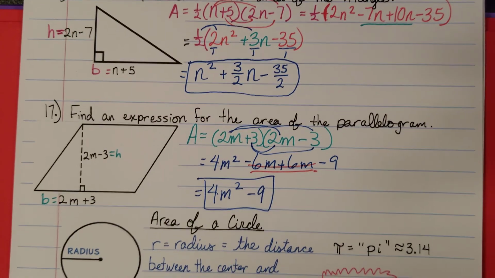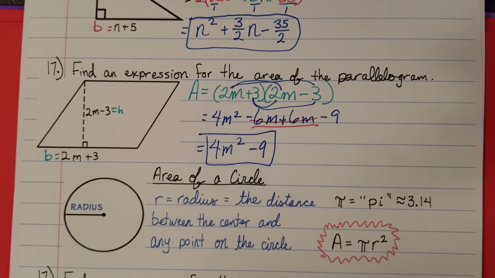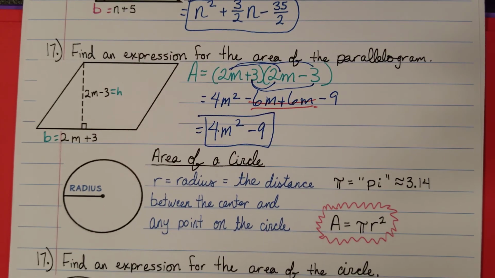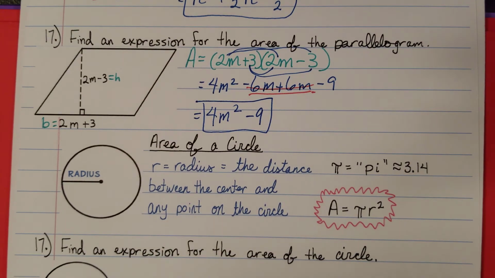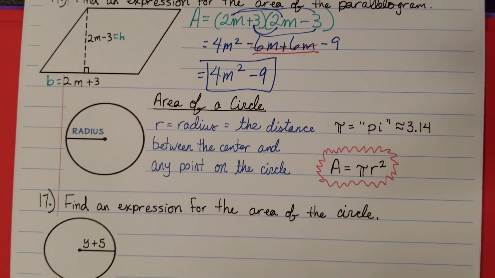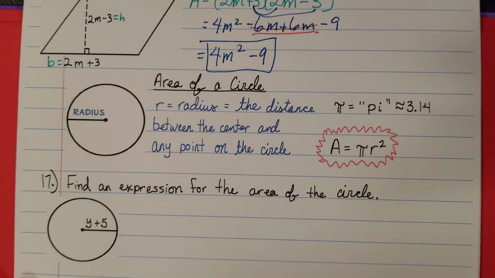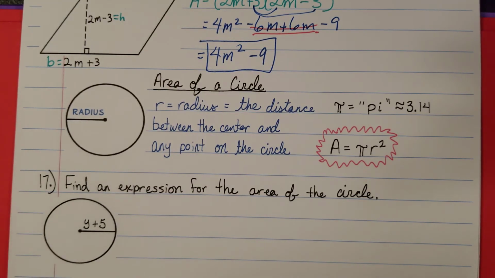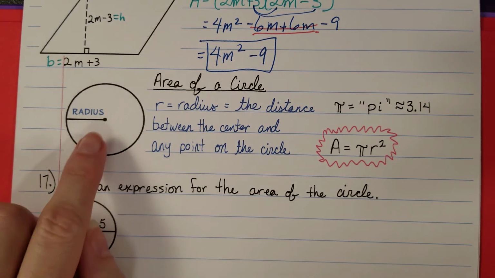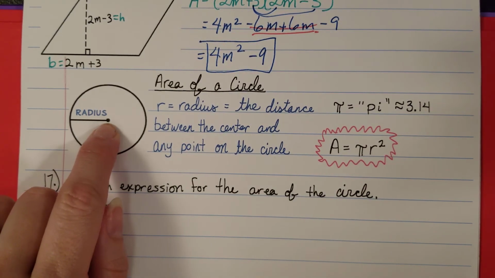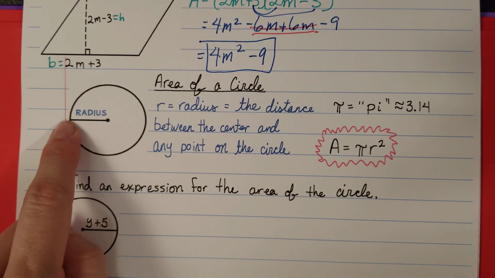All right, and last but not least, we have the area of a circle. So the formula for area of a circle is A is equal to pi r squared, okay? So r represents the radius, which is the distance from the center to any point on the actual circle itself.